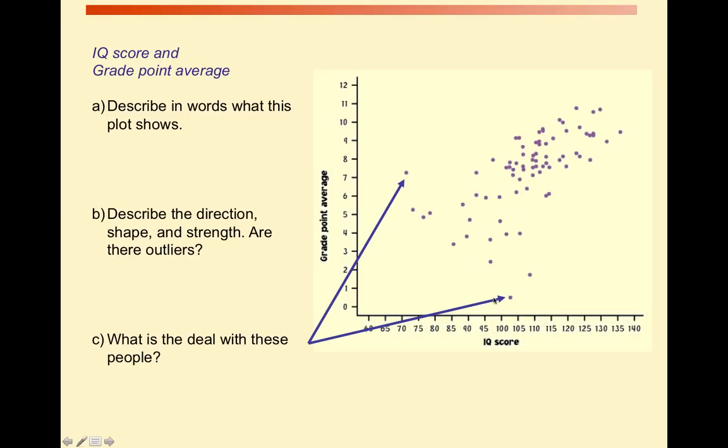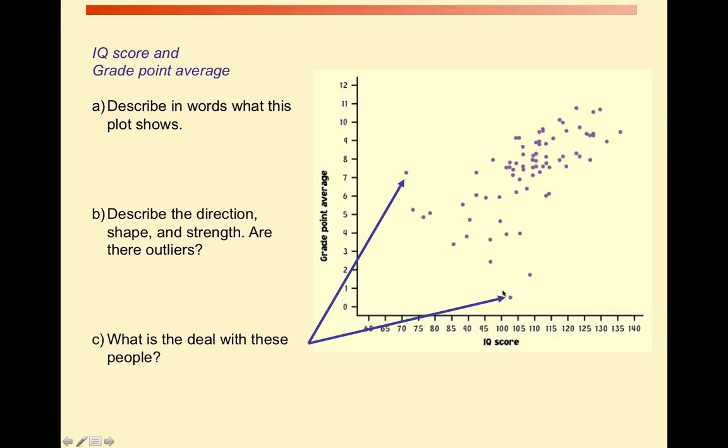I also see a couple of points that seem to fall out of there, like here, here, and here. In particular, this seems to be unusual, where I have a low IQ score and a high GPA, and here I have a high IQ and a low GPA. So, are these outliers? Well, perhaps they are.